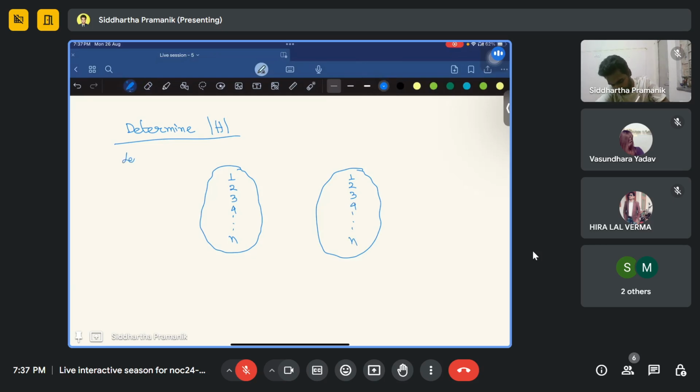So let alpha belong to H. Then what does alpha do? So under alpha, one has two choices, right? Which is either 1 or 2.